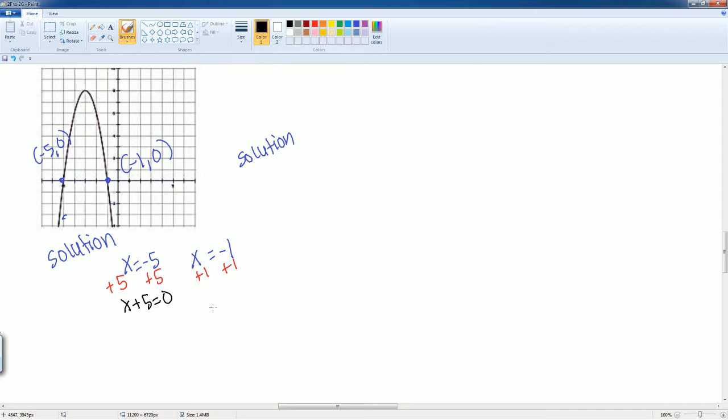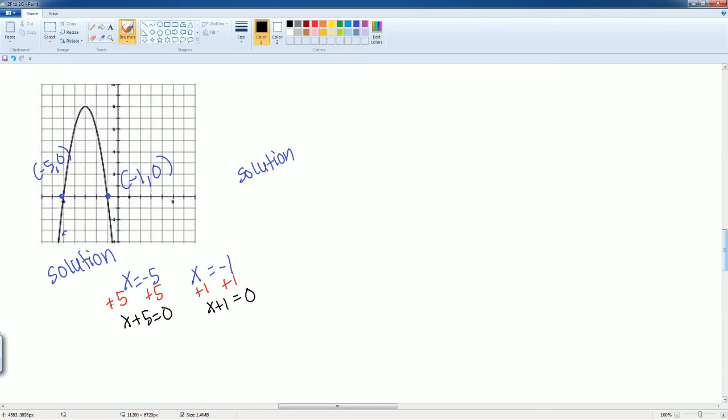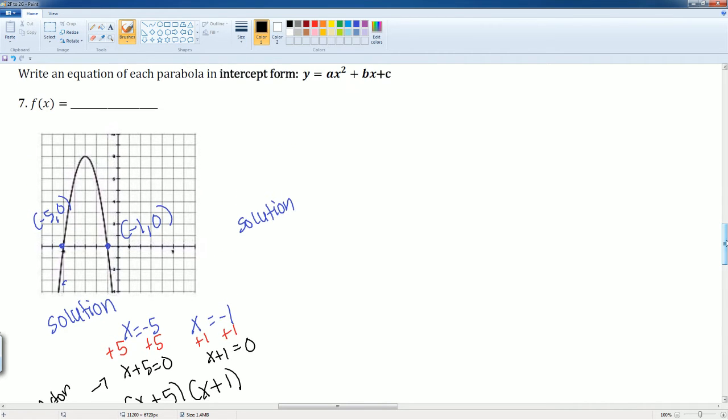Now this gets you x plus 1 equals 0. So guess what? This is now in factored form. So this is x plus 5 and x plus 1. There you go. That's it. Your equation would be x plus 5 and x plus 1 in factored form.